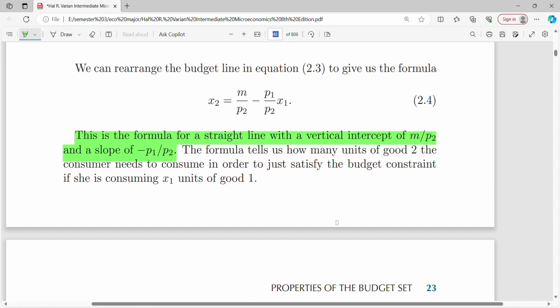It tells us how many units of good 2 the consumer needs to consume in order to just satisfy the budget constraint if she is consuming X1 units of good 1. That is, the whole thing denotes how much more X2 is needed to satisfy the budget constraint if P1 X1 is given. That's it.